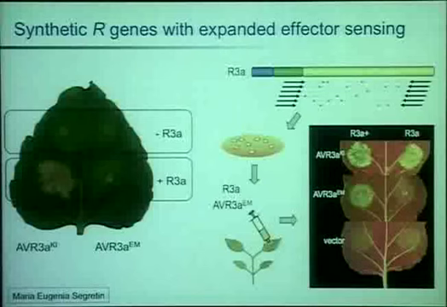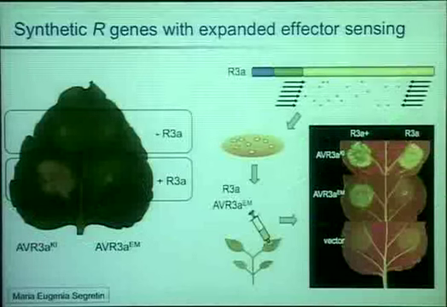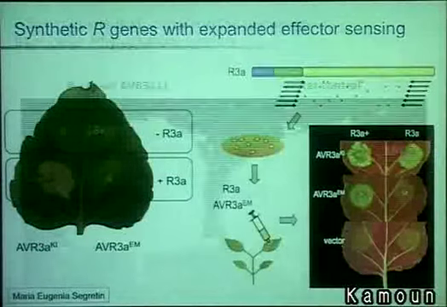So she now identified single-site, single amino acid changes in R3A that expand the recognition repertoire to all the known alleles of the effector in the pathogen population. So this is obviously a very useful gene that recognizes all strains of Phytophthora infestans.